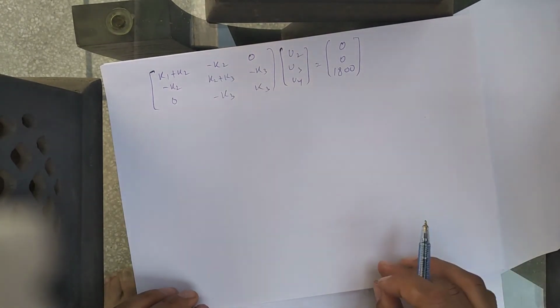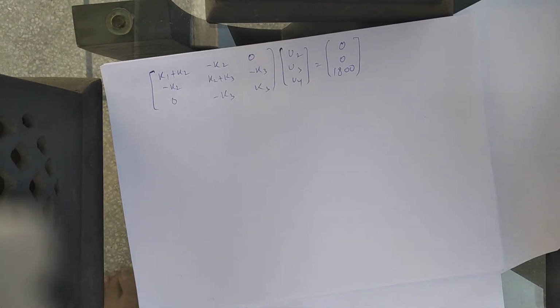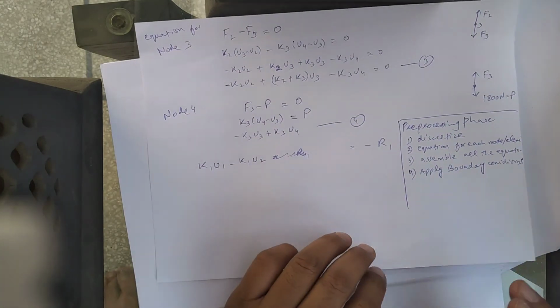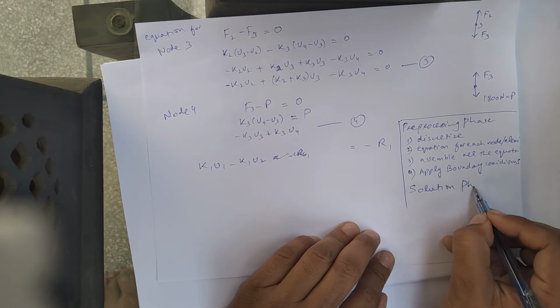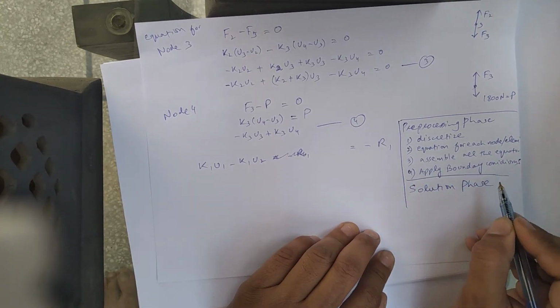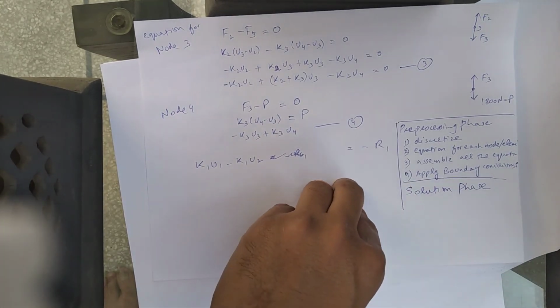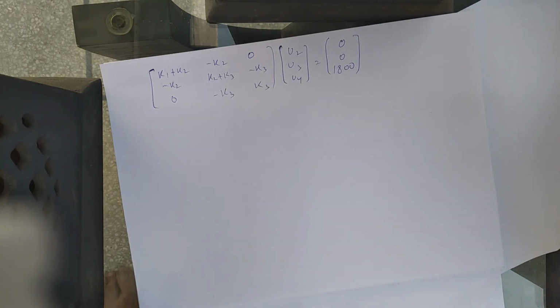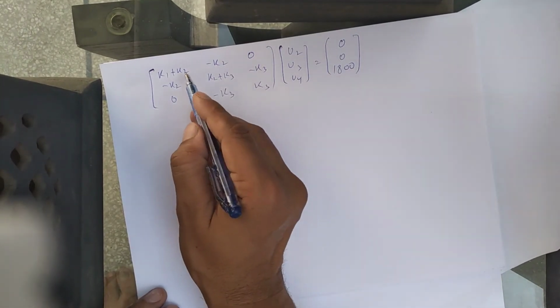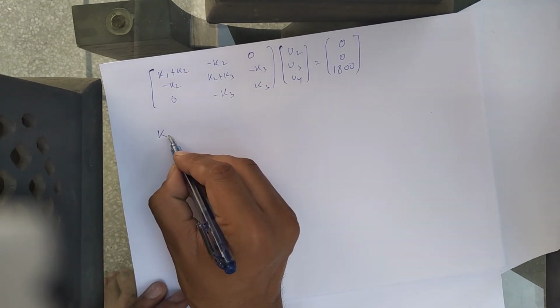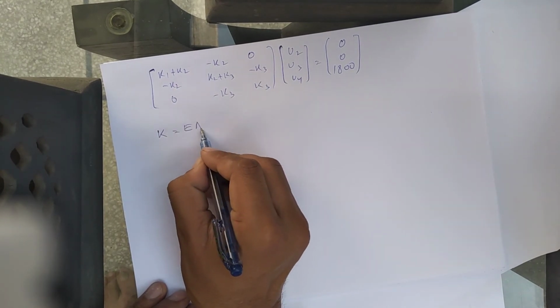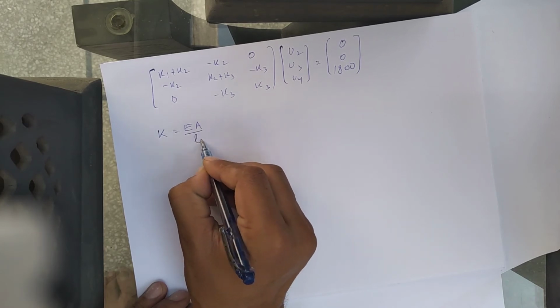And the next step was the solution phase. After the pre-processing phase comes the solution phase, right? In the solution phase, we are going to solve this matrix, but before solving it, we know that K was equal to EA over L, right?